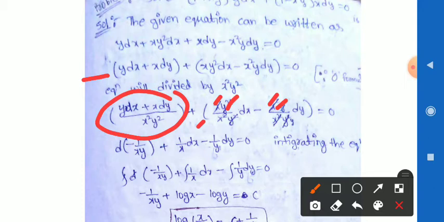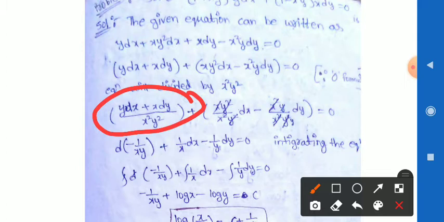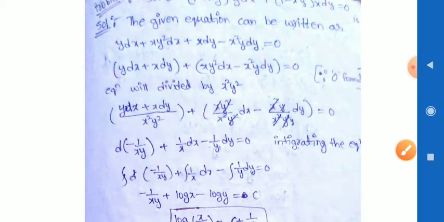By seeing the formula we have to write d of minus 1 by x plus 1 by x dx minus 1 by y dy. Here y dx plus x dy by x square y square can be written in the form of d of minus 1 by x, which is an exact form, and it is treated as an integrating factor.